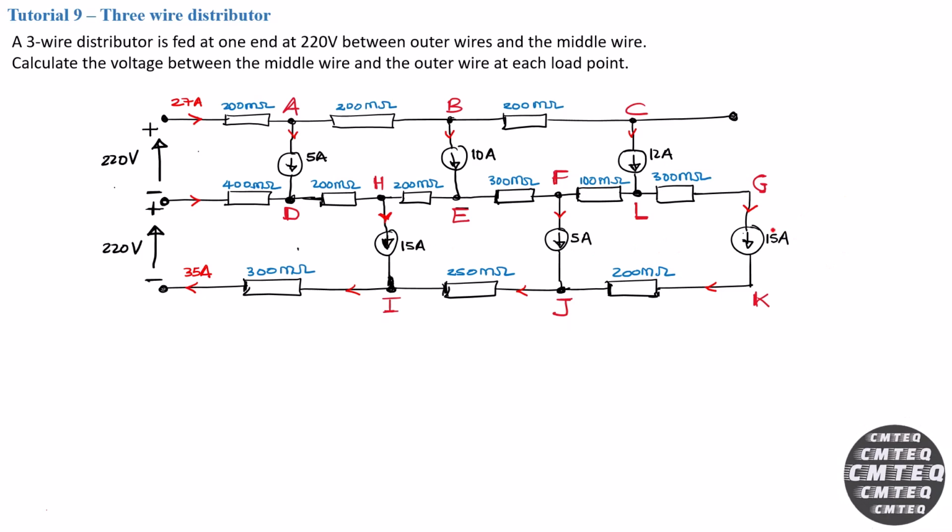Now let's start from this section here. So here we've got 15 amps flowing from G to K. Now C earlier is only providing us 12. Only 12 amps is flowing here. So which means we're going to be short of 3 amps.